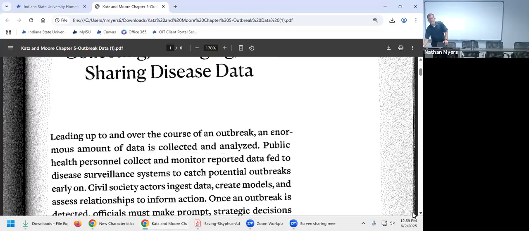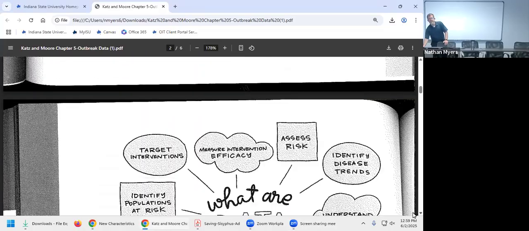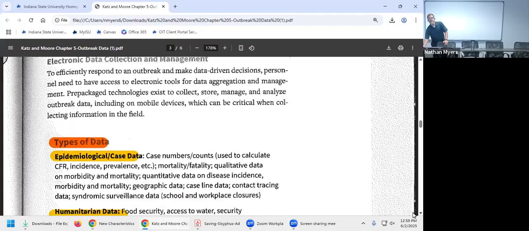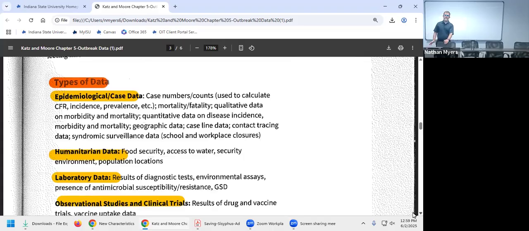So in terms of particular information from this chapter, we're going to talk about the different types of data that are collected for biosurveillance purposes. The first listed here is epidemiological or case data. This includes case numbers and counts used to calculate the incidence of a virus, the prevalence of a virus.